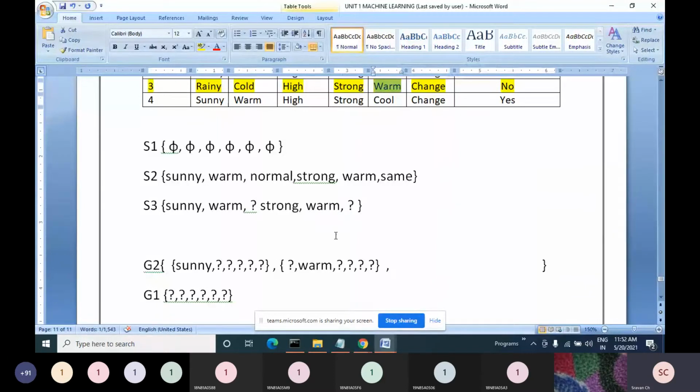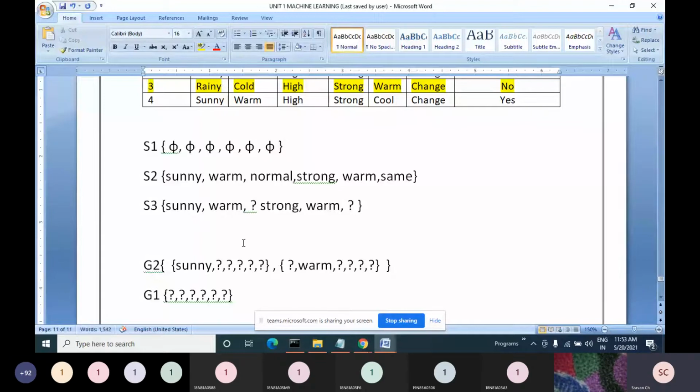Now come to the sixth parameter. What is the sixth parameter? Question mark. Right? When there is a question mark in the most specific hypothesis, you need not do anything. Question mark should be retained. Now see here, I got two more hypotheses like this.